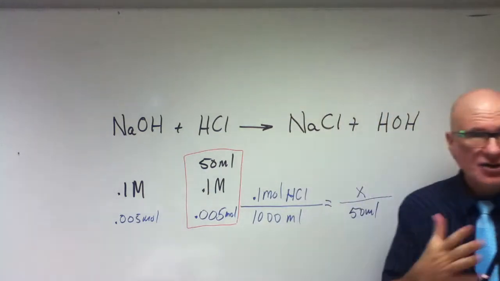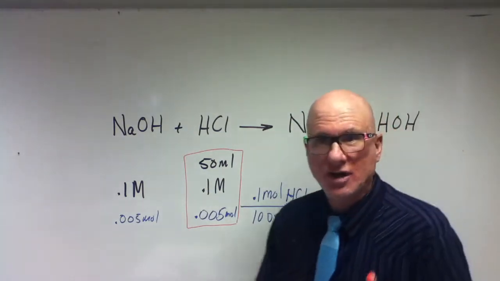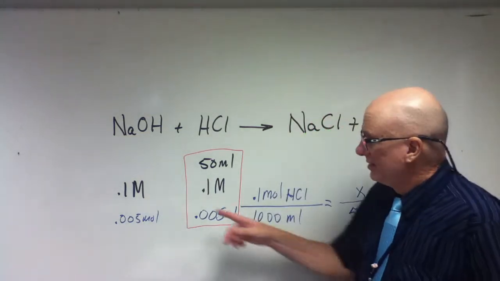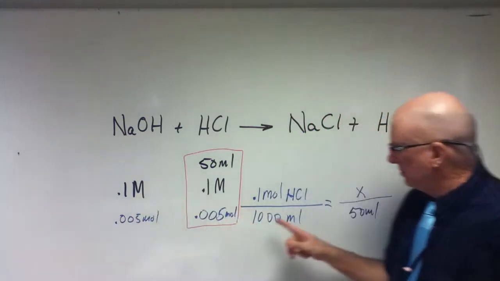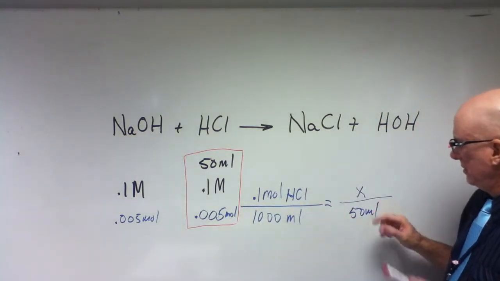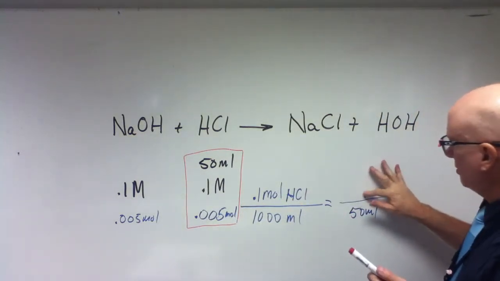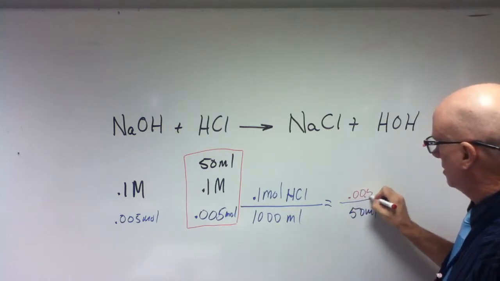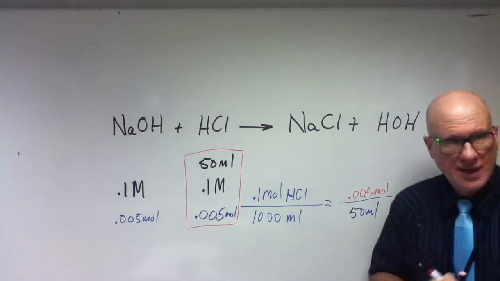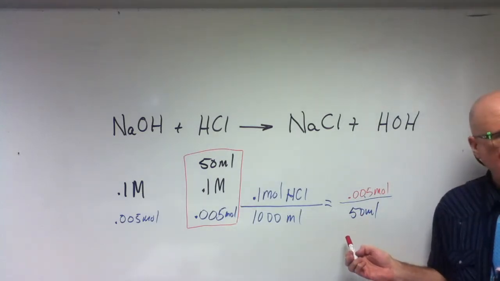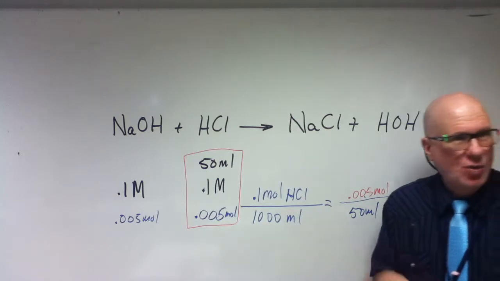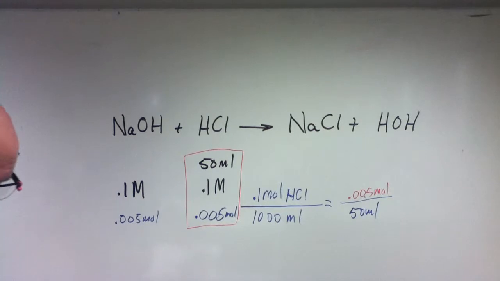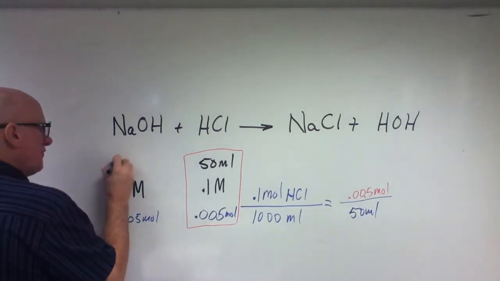What volume is going to give me 0.005 moles? It's the same molarity here, so that's the same. Do you remember that I calculated this? So I would need 50 milliliters, correct? So it's the same. It's 1 to 1.